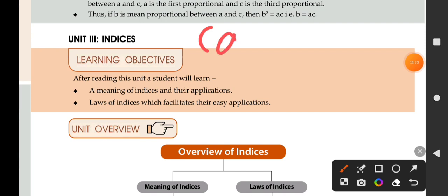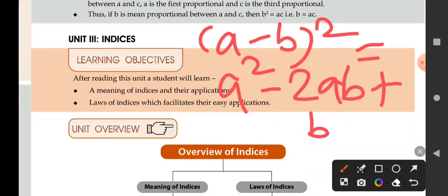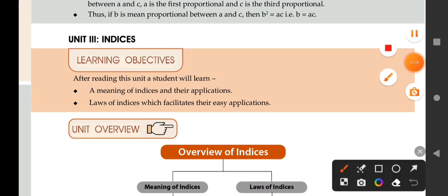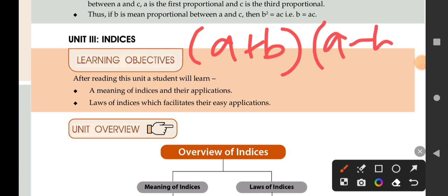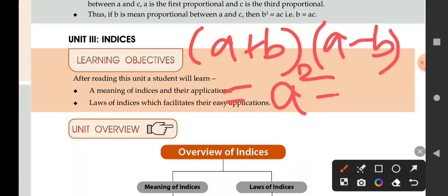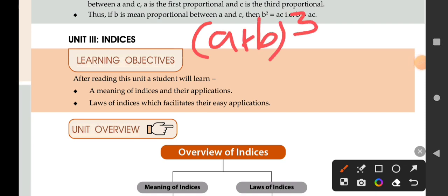Next, what is a minus b whole square? It is a square minus 2ab plus b square. Next, a plus b into a minus b. It is a square minus b square. Then what is a plus b whole cube?